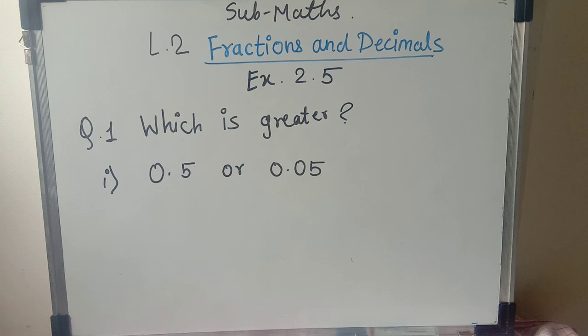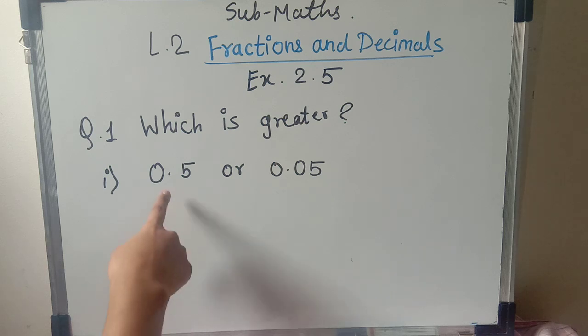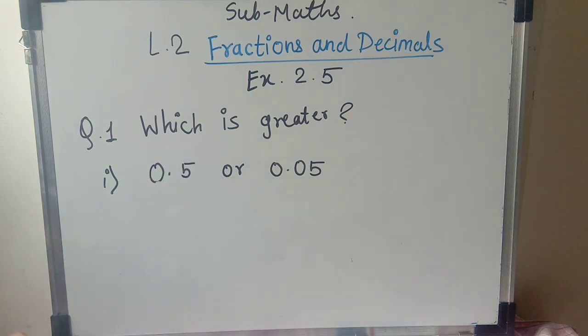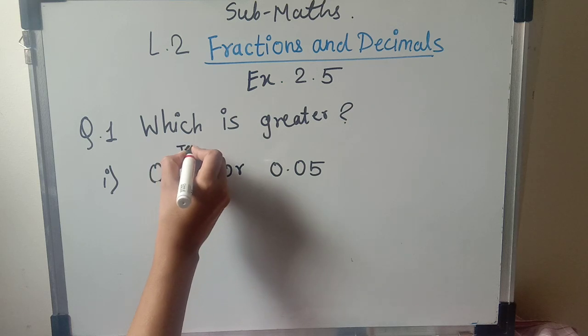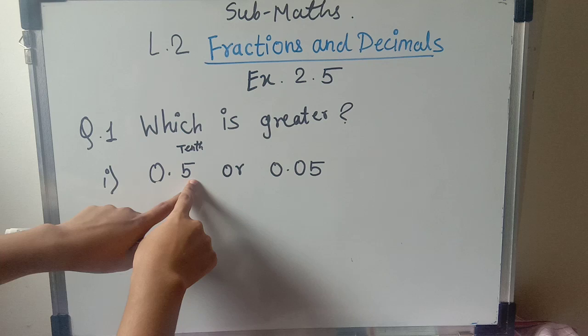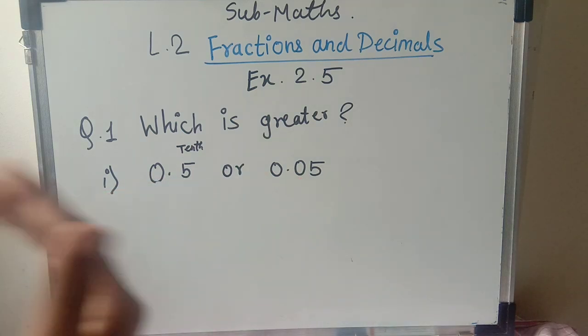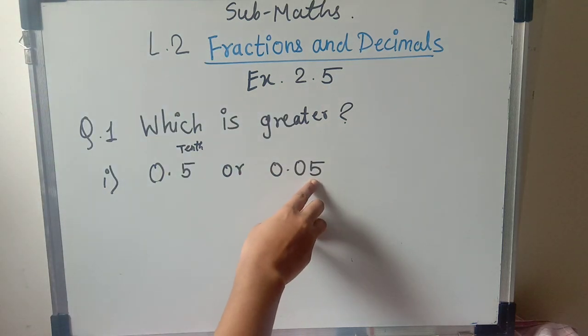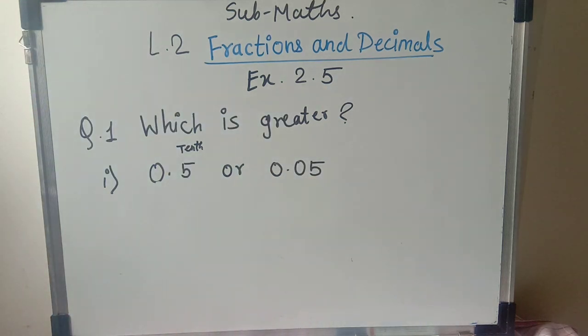But if the numbers before the decimal are the same, then we have to see the numbers after the decimal. After the decimal, the places start with tenths, not tens, tenths. We look at the tenths places. If the tenths places are different, we can decide which one is greater. But if the tenths place is also the same, we move to the hundredths place and compare it.